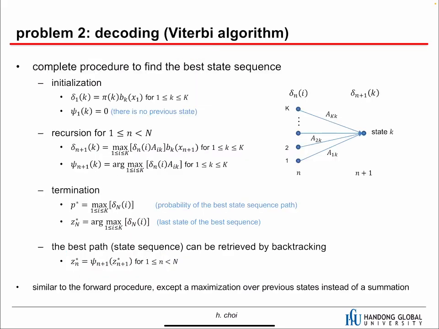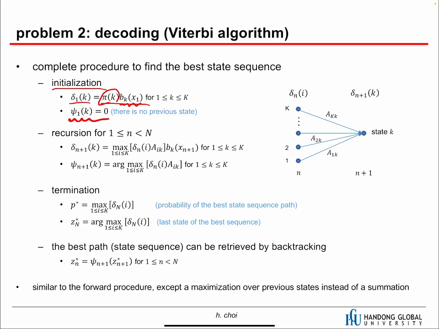Okay, so we can run this Viterbi algorithm with this recursion. Initially, delta 1 of k is this. When we are at the first time step, this is the probability of the first time step, and this one is the emission probability. So that is delta 1.